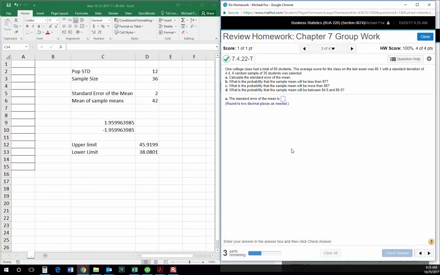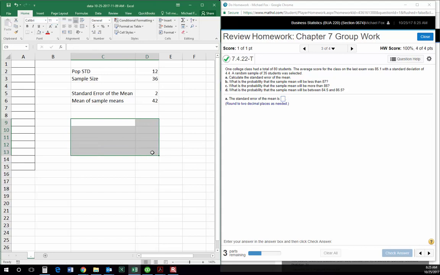All right, for the third question, one college class had a total of 80 students. The average score for the class on the last exam was 85 with a standard deviation of 4. A random sample of 35 students was selected. Calculate the standard error of the mean. First, let me get rid of this old stuff.